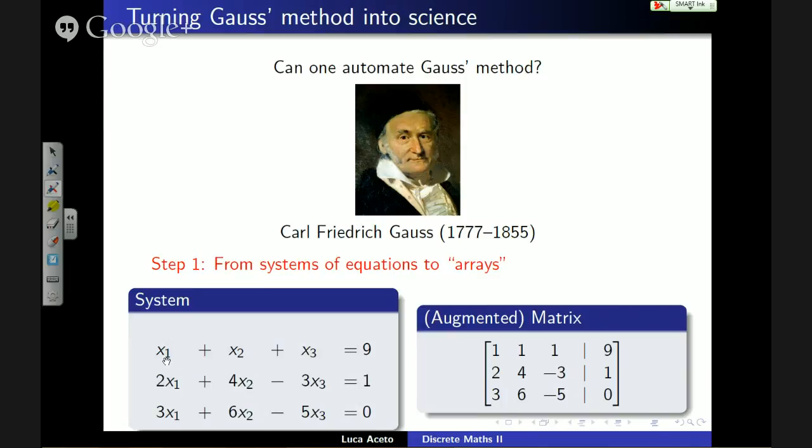And what do we write? We write the multiplying coefficients one after the other. So for instance, here you have x1 plus x2 plus x3, which becomes 1, 1, 1, because these are the multiplying coefficients for the three variables. The second row becomes 2, 4, minus 3, for the same reason.